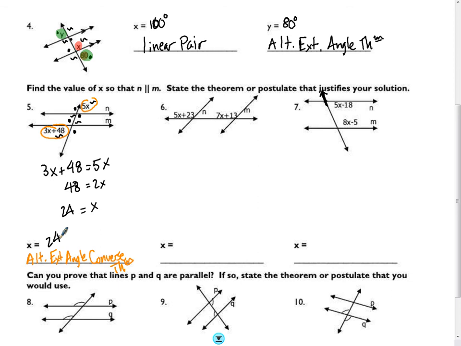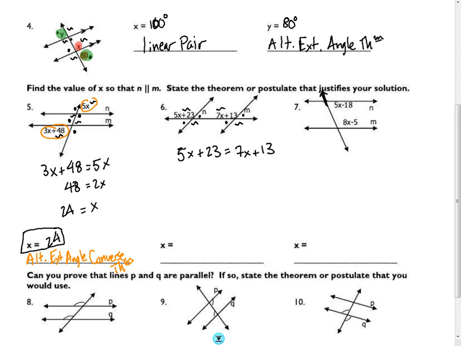Same thing in number 6. Let's go ahead and do our squiggles and our dots. Both my x expressions are squiggles, so I wanted to set those equal to each other. It's also important to understand the relationship that those two squiggles have with each other.